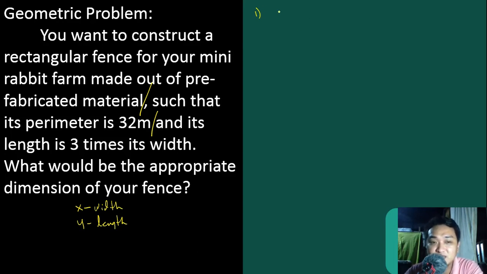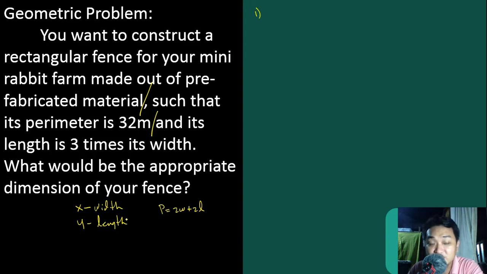If that's the case, then yung kanya daw perimeter is 32. Alam naman natin na yung perimeter is equivalent to 2 width plus 2 length.